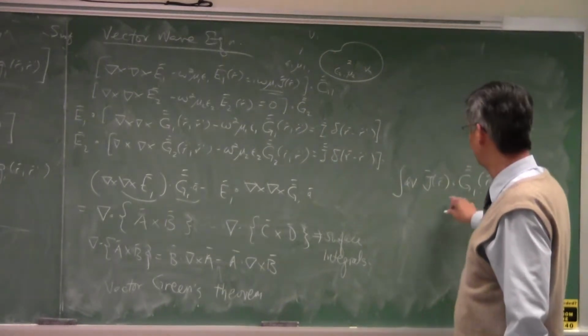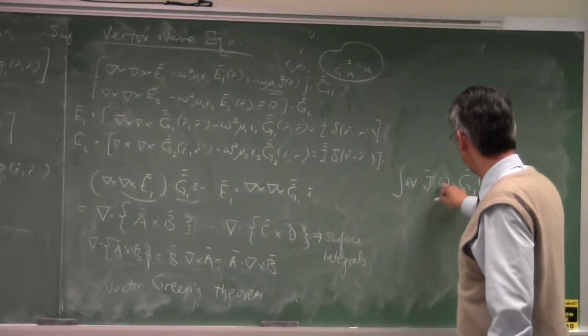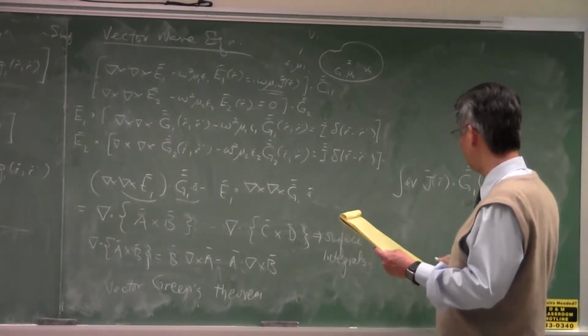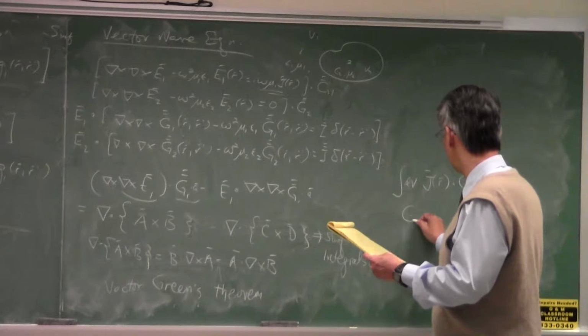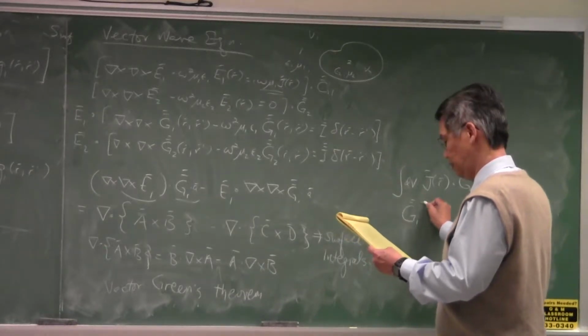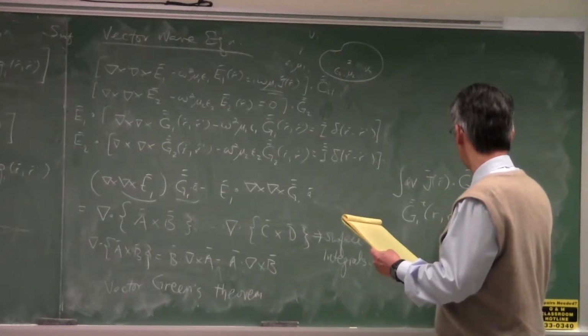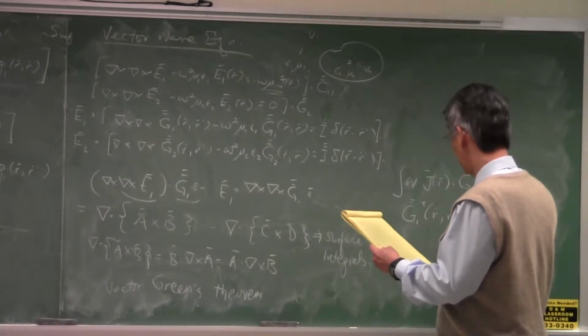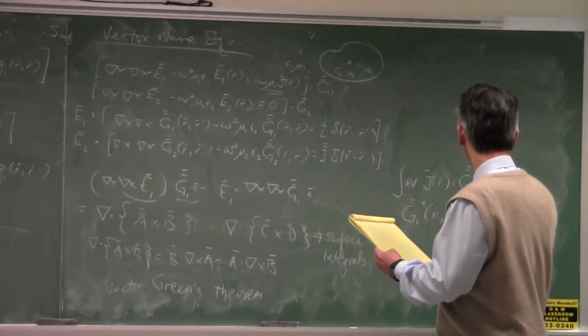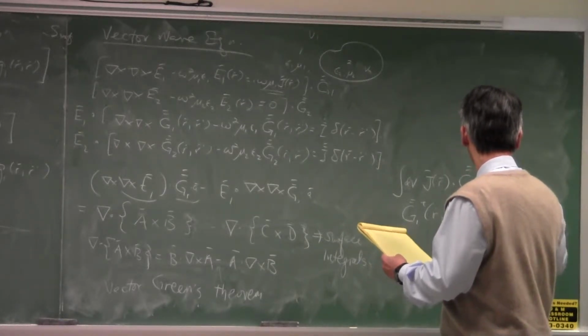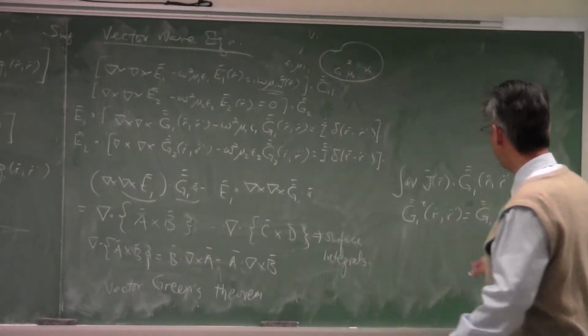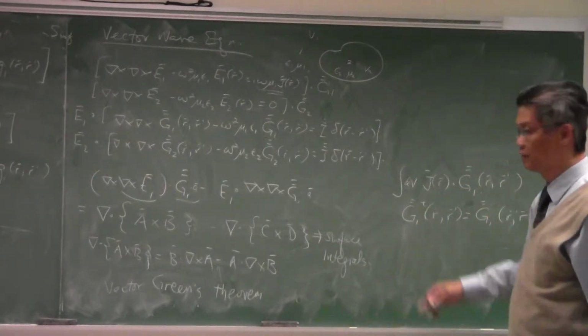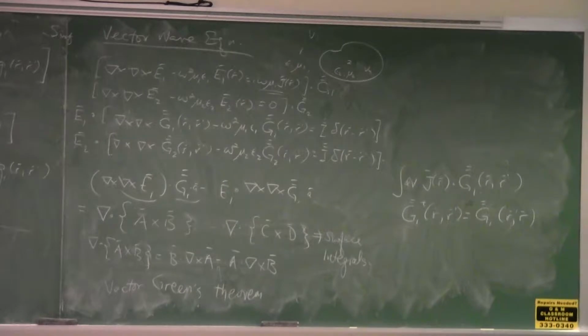I can change this so that it becomes on its right by taking its transpose. By taking its transpose, you can prove that dyadic Green functions always satisfy this relationship. If you change the order of the arguments, it's the same as transposing the dyadic Green function. That can be proven by reciprocity.